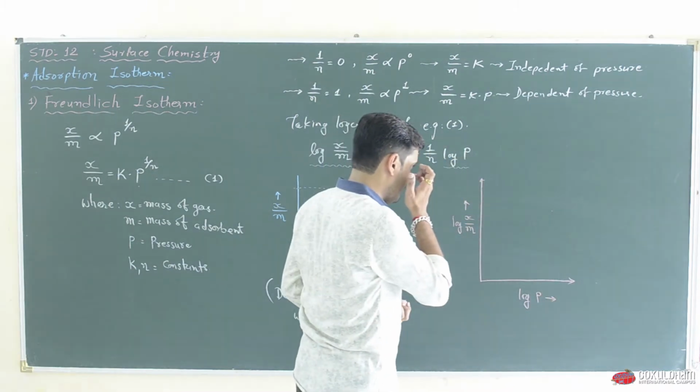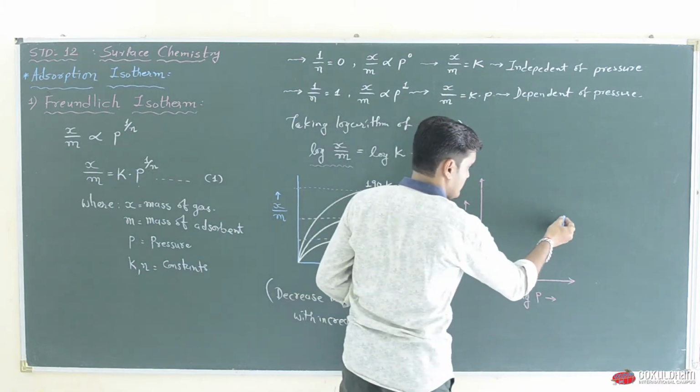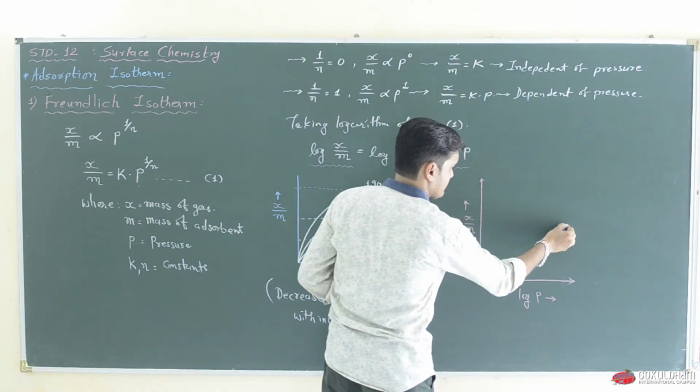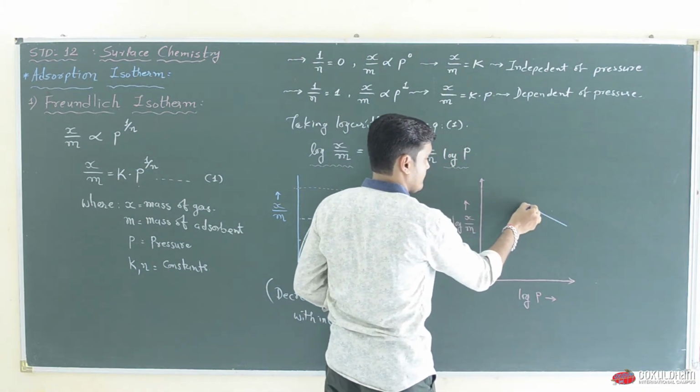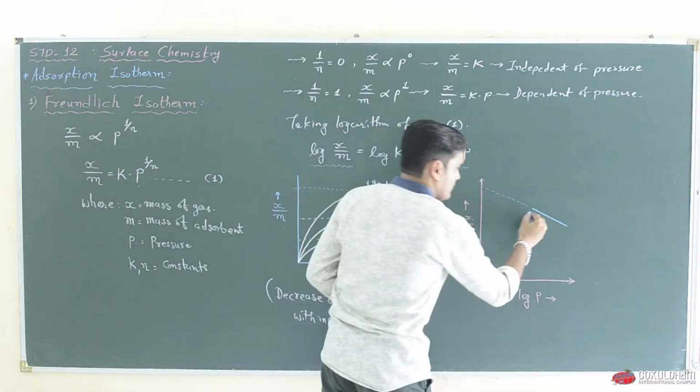In this graph we get this type of straight line isotherm graph.